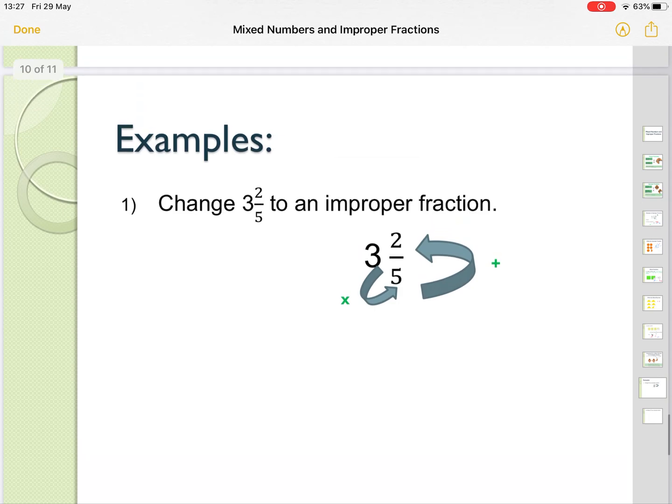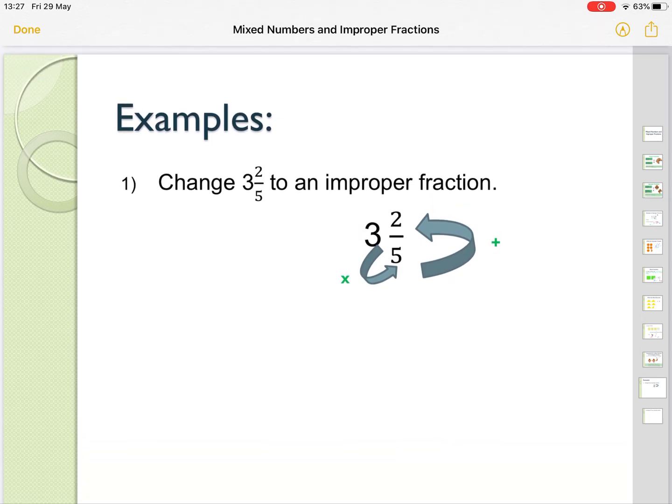Now, I'm going to start my first example. Change 3 and 2/5, which is a mixed number, to an improper fraction, where the numerator is larger than the denominator. How should I do it? I should multiply the whole by the denominator. So 3 times 5 is equal to 15.